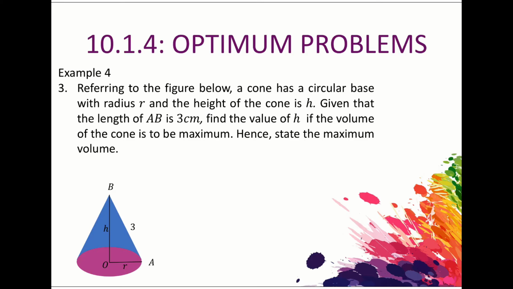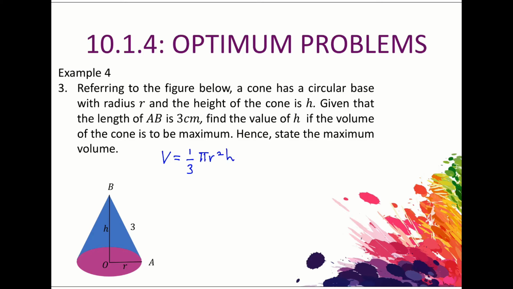So now we want to determine the value of h so that the cone has the maximum volume. So we take V as our function, which is the volume of the cone. The formula for V is V equals pi r squared h.